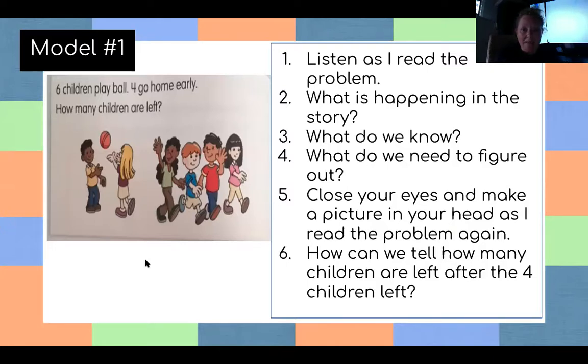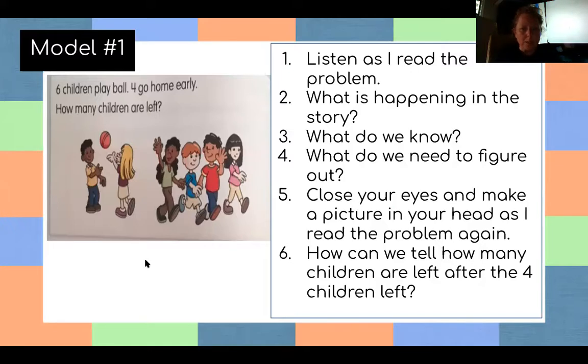What is happening in the story? Turn and tell someone near you. That's right. 6 children are playing ball and some of the children go home. What do we know?